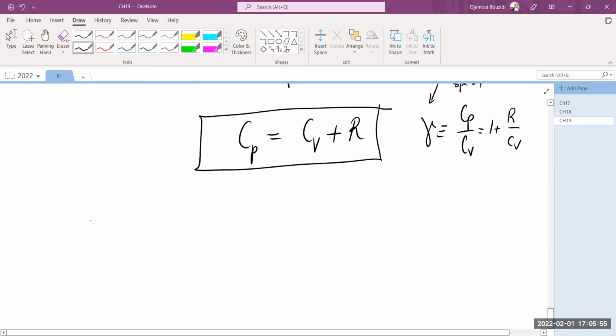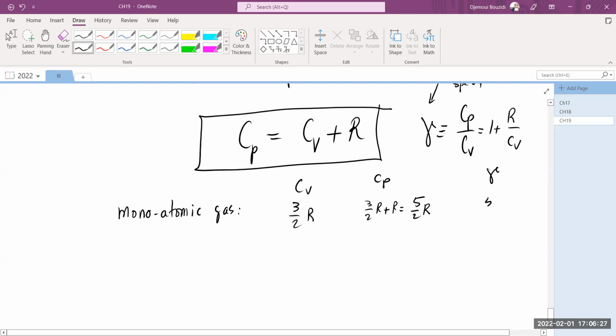As a matter of fact, let's go back to what we introduced last time. For a monoatomic gas, C_V was equal to 3 over 2 R. Then C_P, 3 over 2 R plus R, makes it equal to 5 over 2 R. And gamma is going to be 5 over 2 R divided by 3 over 2 R, which is going to be 5 over 3, or 1.67.